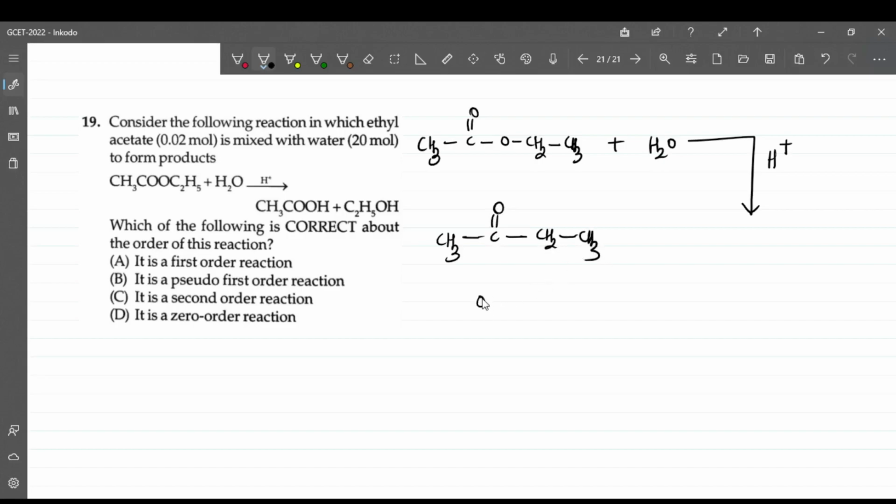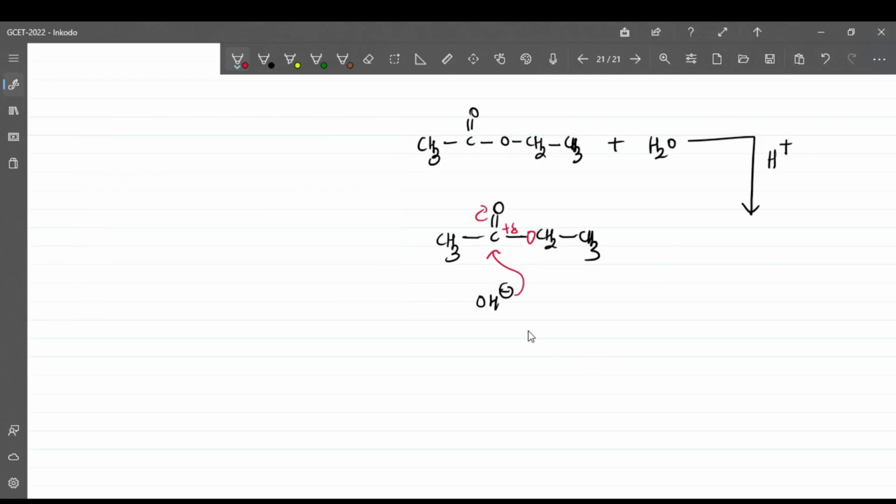Then this OH minus, a negative part, will go and attack an electron deficient, positive part. This carbon is partially positive because it is connected to an electronegative atom. So this will attack over here. Here there is also oxygen, right?